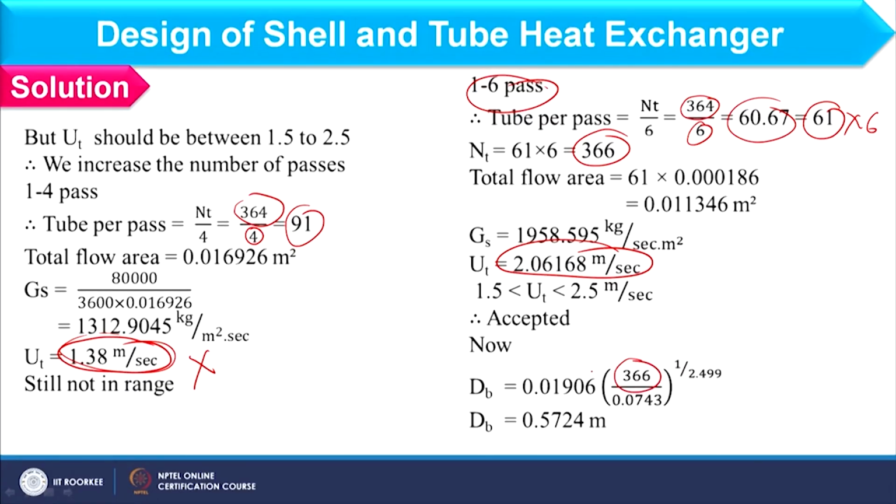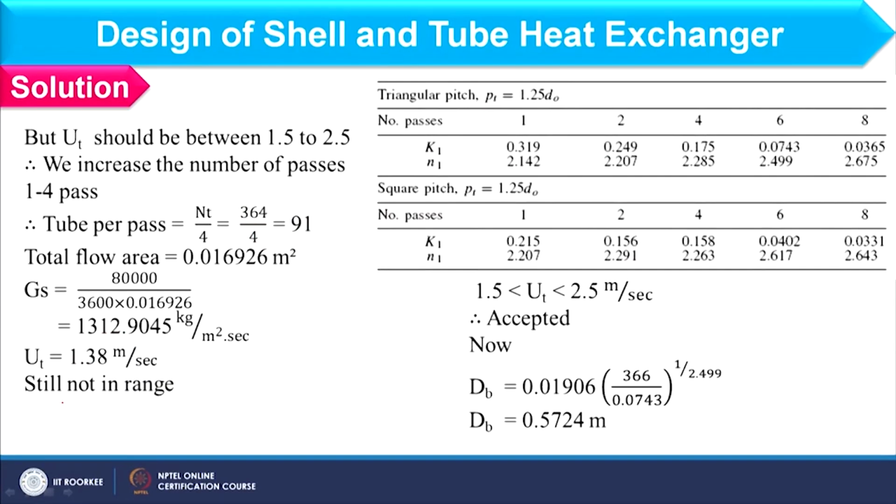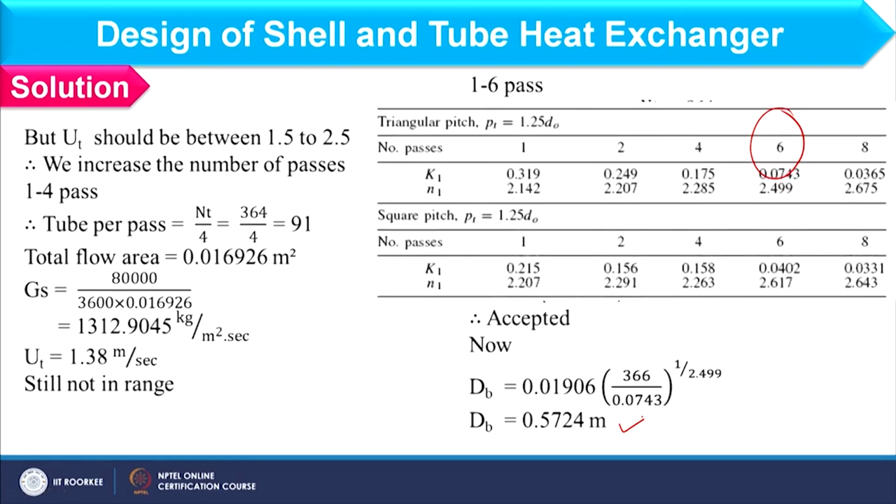So what we have to do further, because we have changed the passes, the bundle diameter and shell diameter will change and the number of tubes slightly also. So considering all these variations, we have to again ensure that L by D falls within the permissible range. So let's check that. Considering 366 tubes and 6 passes, we can obtain K1 and N1 values from this table, and based on that the bundle diameter we can obtain as 0.57 meter.